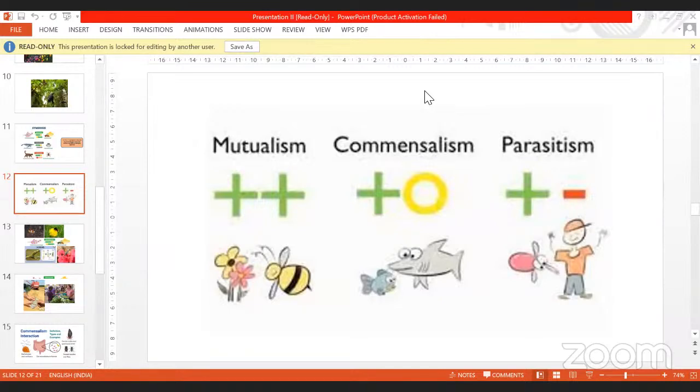Yes, that is really a question to ponder. That depends upon what you are labeling as parasite. There could be some organisms which are parasitic to some organisms, but beneficial to others. Can you think of anything of that sort?